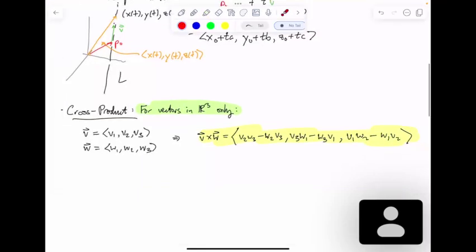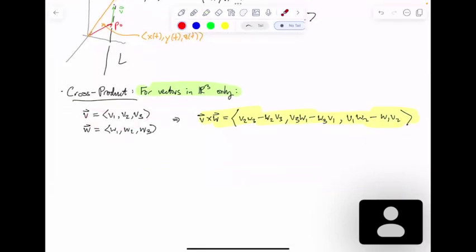And also, this is a quick trick, right? If you're doing computations, if you write your vectors this way, one on top of the other, and you write the components this way, then it saves you time setting up the cross product. You really just look at these little squares here, and you can do your calculations of what the cross product could be. Okay, so this was a formula for the cross product.